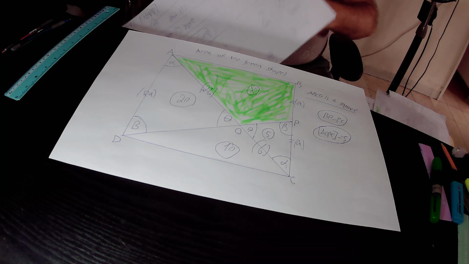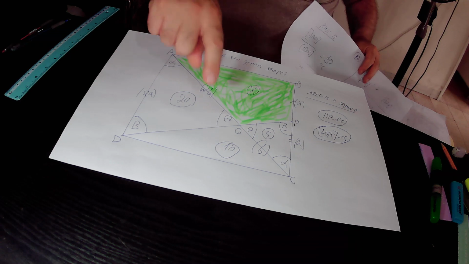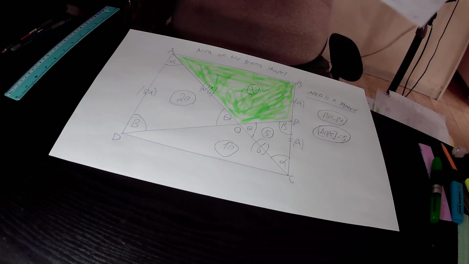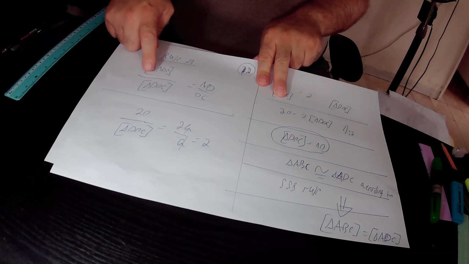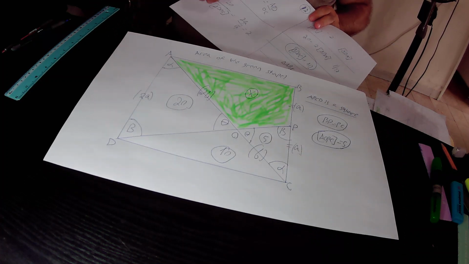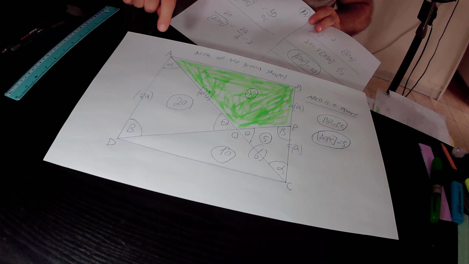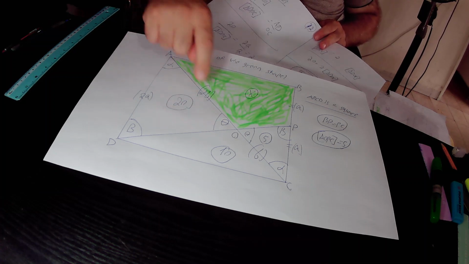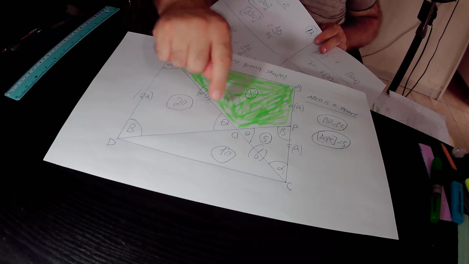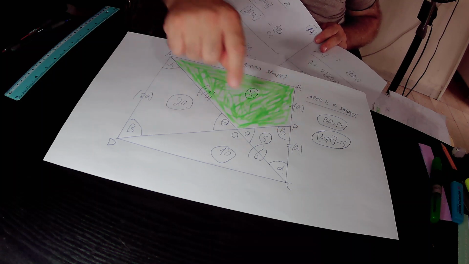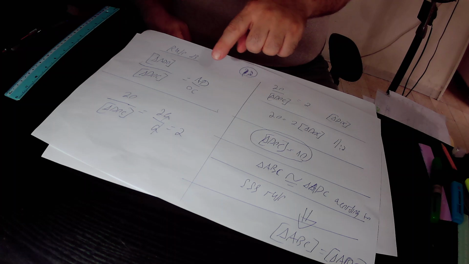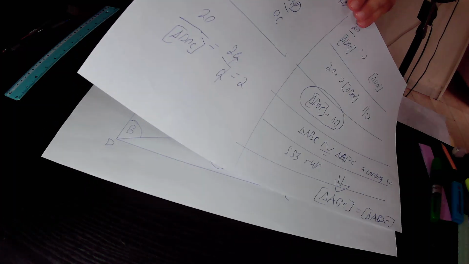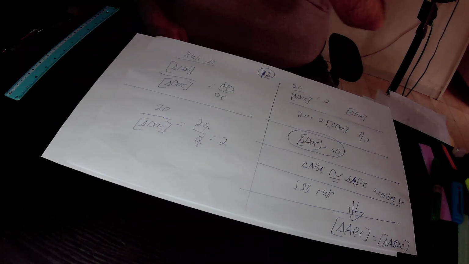That is, the area of triangle ADO over the area of triangle DOC is equal to the ratio between their bases. The base of triangle ADO is AO, and the base of triangle DOC is OC. So it is AO over OC.